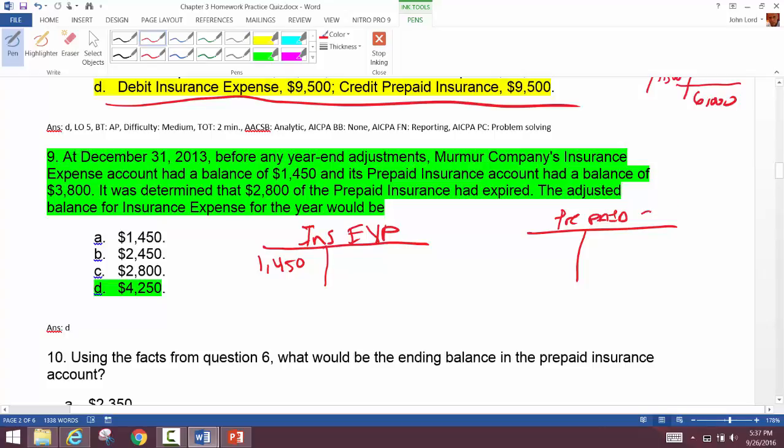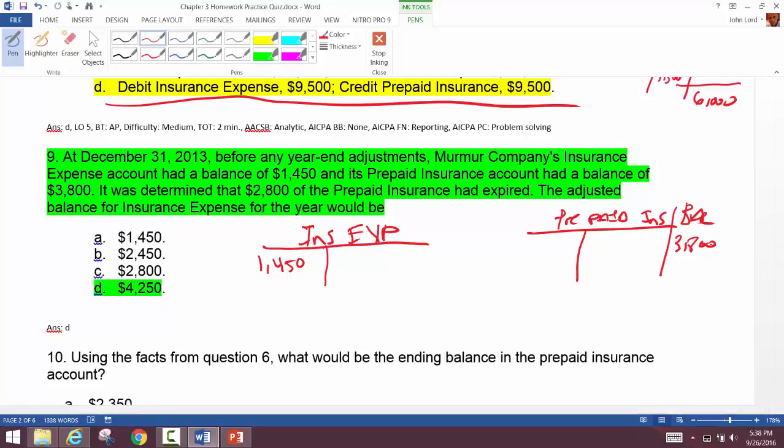So I have this prepaid insurance sitting here, and the prepaid insurance is how much? $3,800. So I have a balance of $3,800 sitting here. And then they determined that $2,800 had expired.